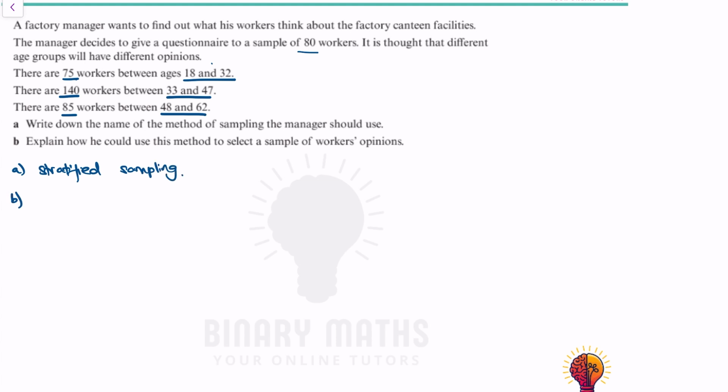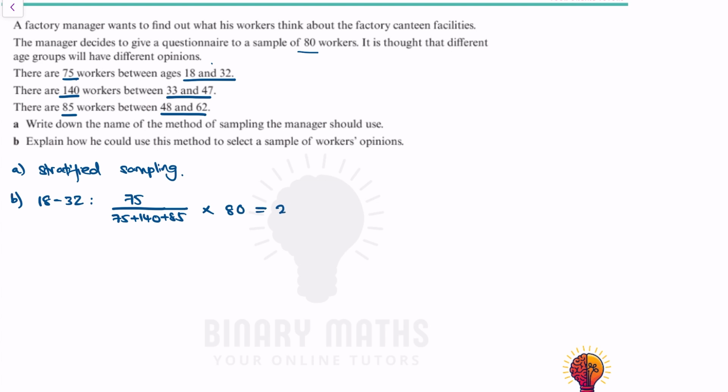Part B, explain how we could use this method to select a sample of workers' opinion. So first thing we need to do is work out how many from each group. From the age group 18 to 32, we know there's 75 out of the total, which is 75 plus 140 plus 85, times by the sample size, which is 80, will give us how many workers we need from the 18 to 32 subgroup.